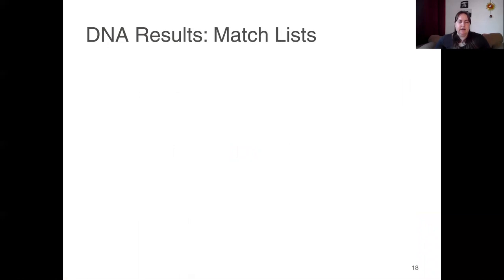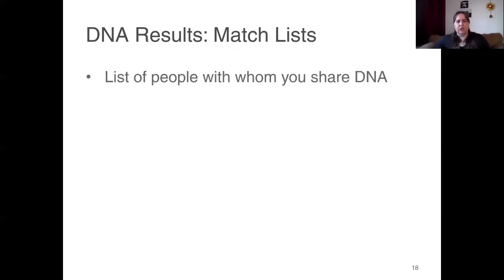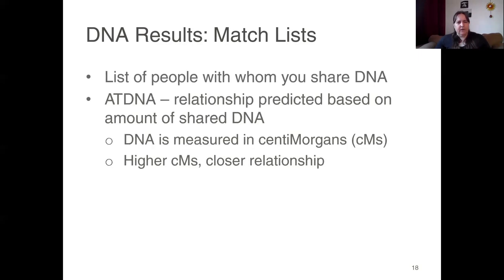Now, the other kind of result that DNA companies return are match lists. And this is where I think there's the most value for a genealogist. A match list is just a list of people with whom you share DNA.